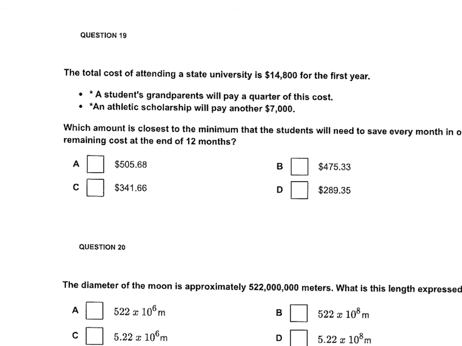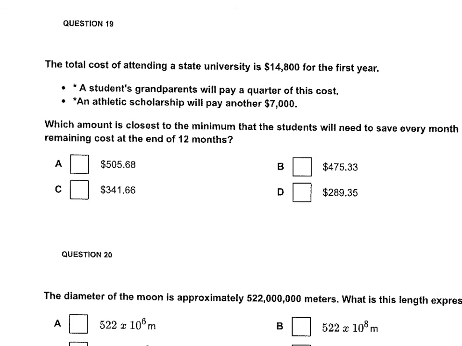Okay, number 19. The total cost of attending a state university is $14,800 for the first year. Students' grandparents will pay a quarter of this cost. Quarter, remember, means 4. So we're going to divide that by 4.